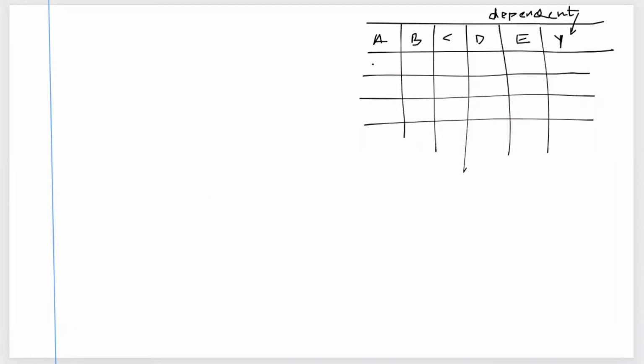So I will say that for these variables A, B, C, D, E, if the values are whatever the values are, this is a malware. So I will mark Y as 1. Now, if the values are something different, for these values, the Y is 0. 0 indicates that this is not a malware. This file does not contain a malware.